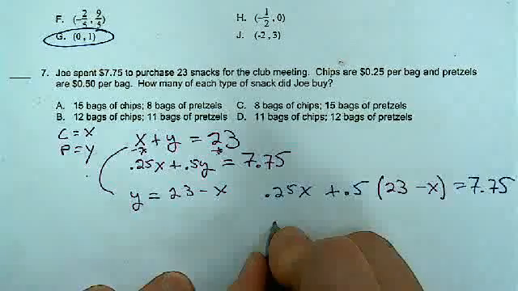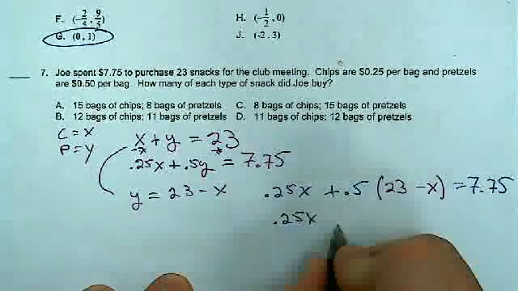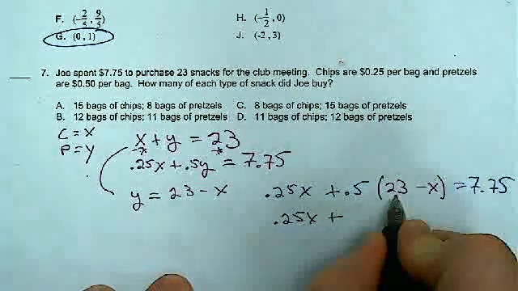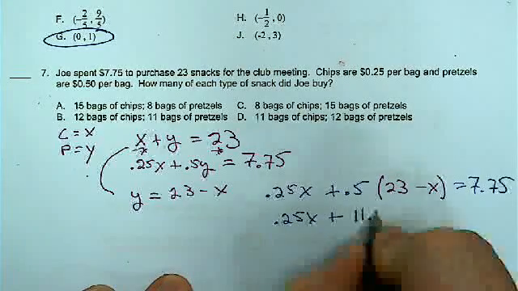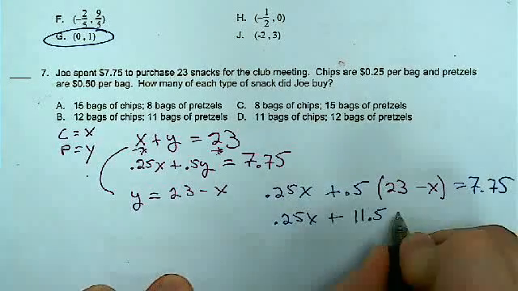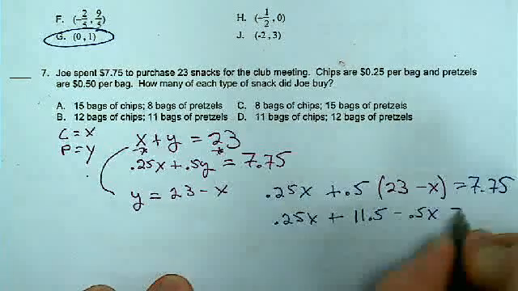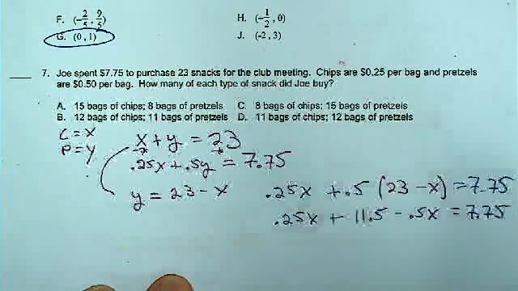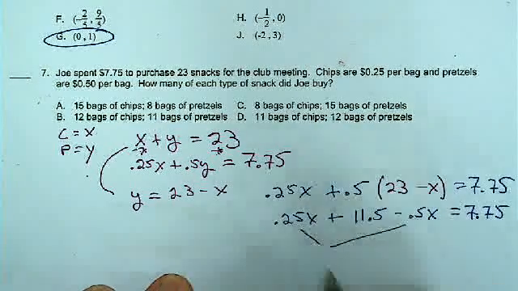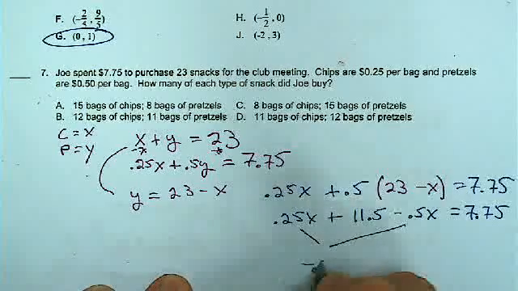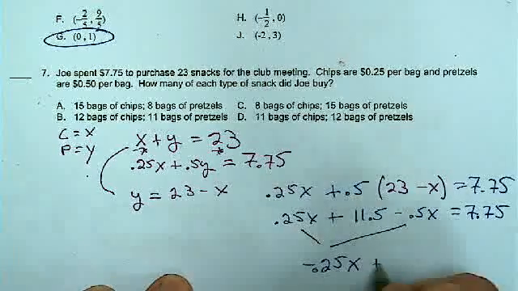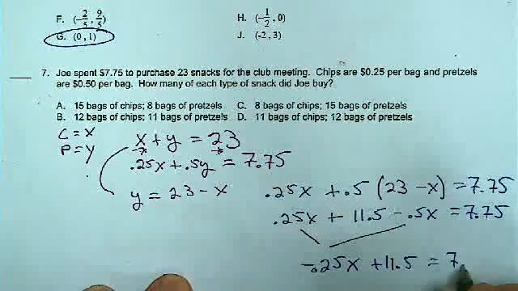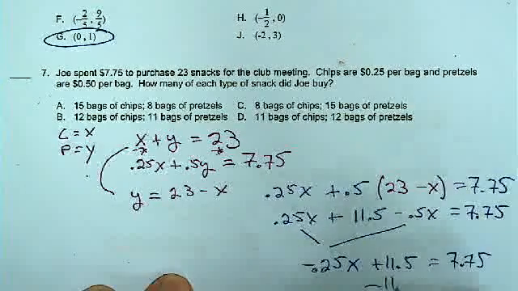Now let's combine like terms. This is going to give me 11.5 minus 0.25x equals 7.75. Subtract 11.5.